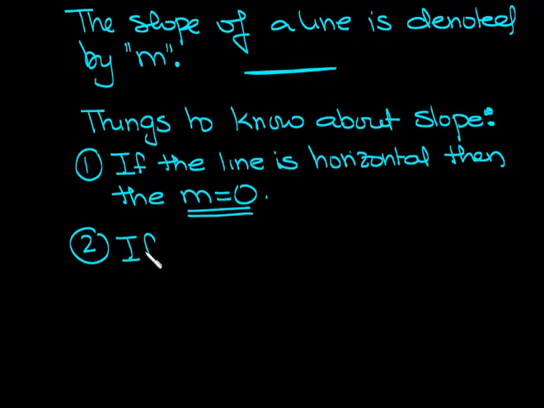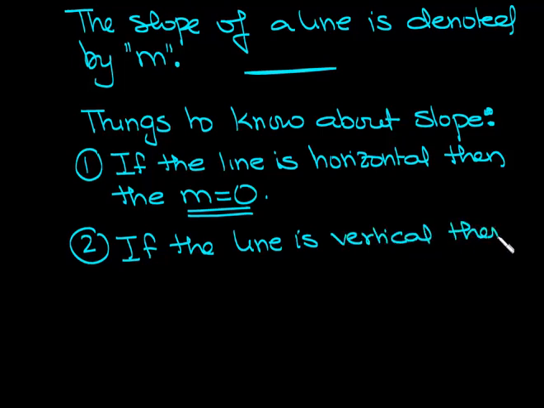On the other hand, if the line is vertical, then what do you think the slope would be? If the line is vertical, you think about it. If you think about this horizontal line, as the line increases in steepness, you can see the slopes getting bigger and bigger. But when the line becomes vertical, the slope should be infinite, right?